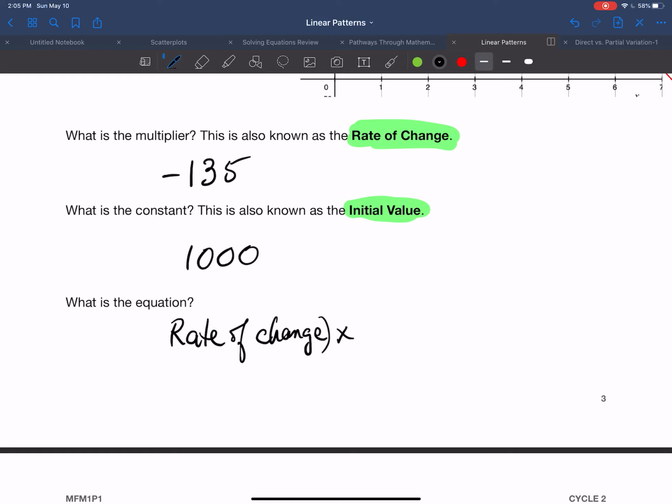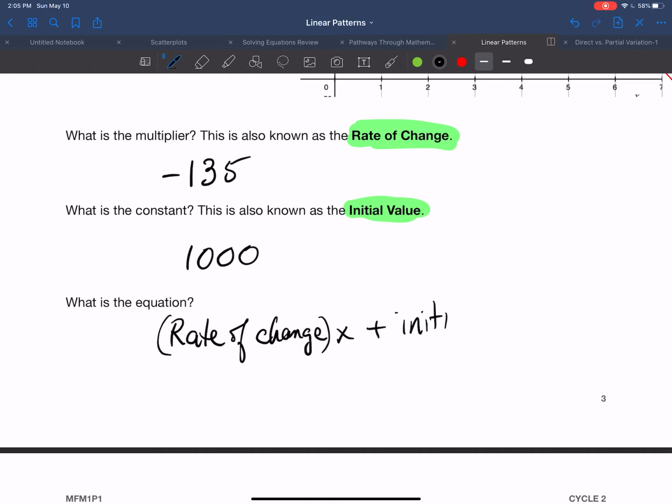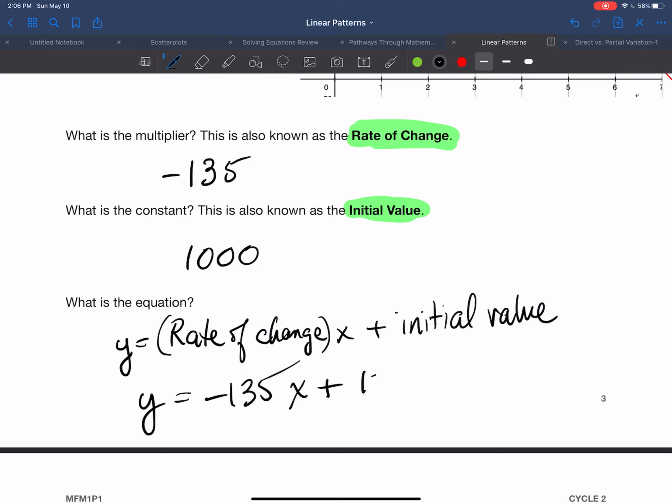So the rate of change times x plus the initial value. So y is equal to the rate of change times x, that's what the brackets are for, plus the initial value. So in this specific case, our rate of change is negative 135 times x, because we don't know what x is. It's the number of weeks that have gone by, plus the initial value, which was 1,000.